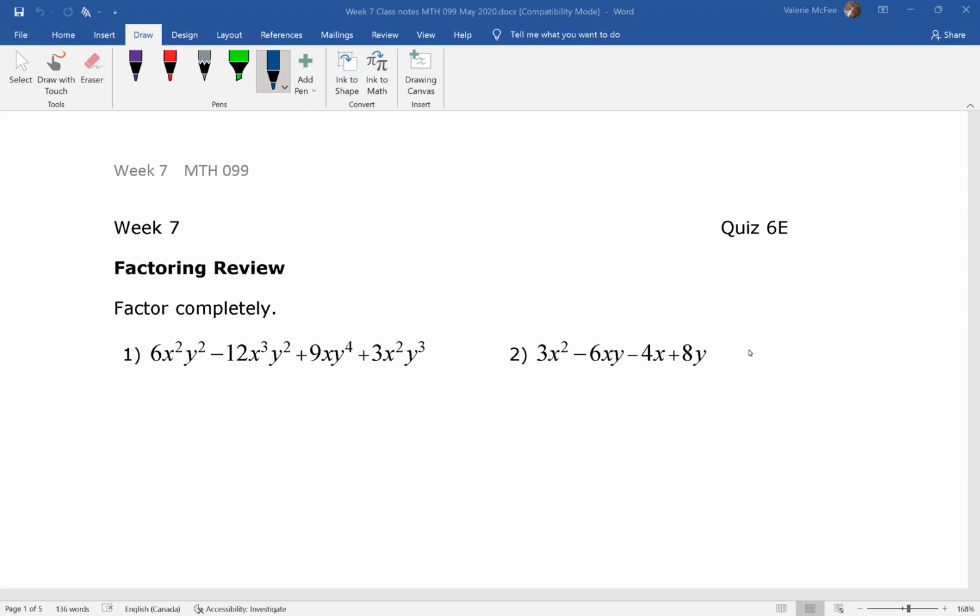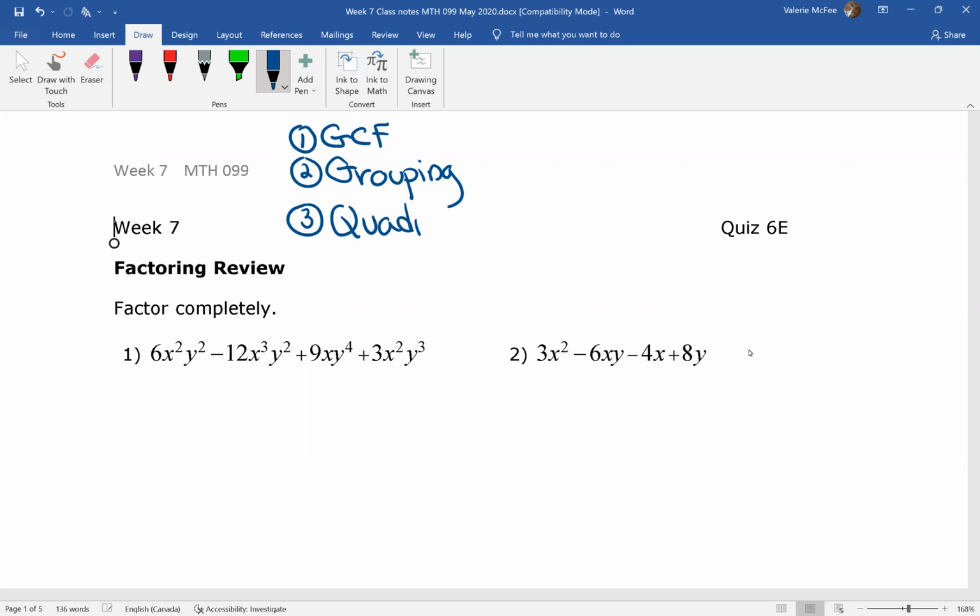We talked about different methods for factoring. We said we could factor using a greatest common factor and that we should always look for a greatest common factor. We factored by grouping, and we used that factoring by grouping when we looked at factoring quadratic trinomials. We also used the sum and product to start us off.